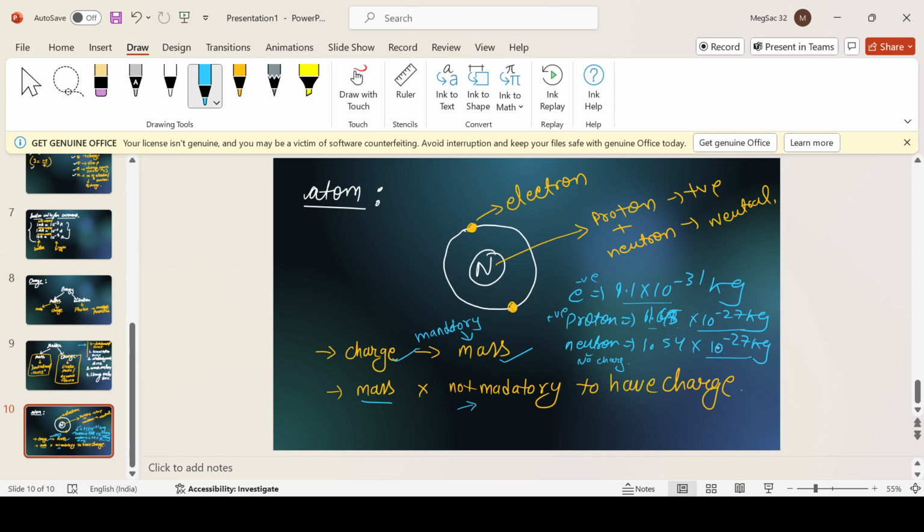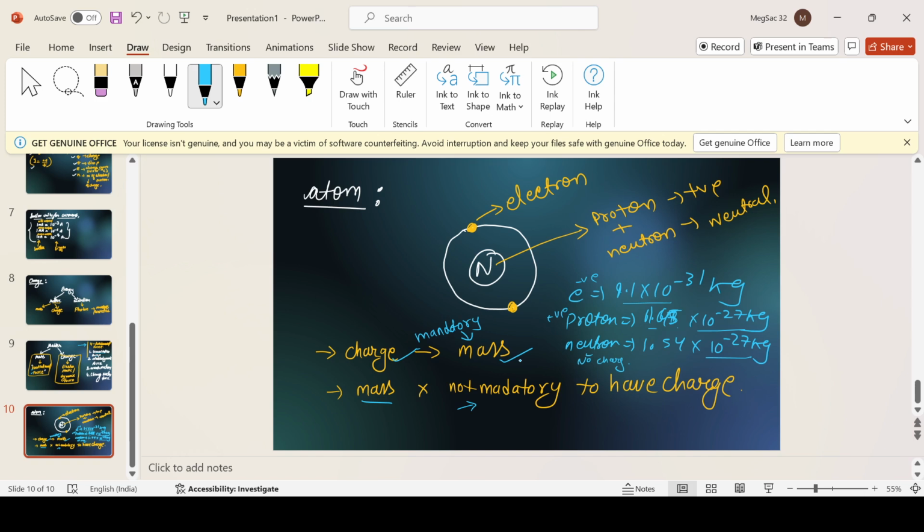But the neutron does not have any charge. So it's clear: a body which has charge must have mass, but a body which has mass may not have charge in it.